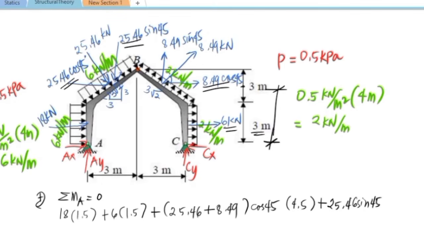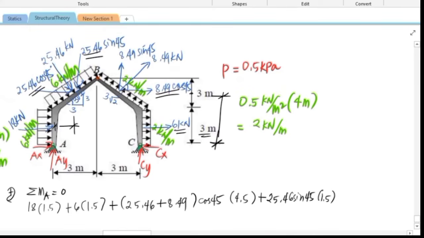Ang perpendicular distance niya ay ito, that is just half of 3 meters, so that is 1.5 meter. And this component will create a counterclockwise rotation, so minus 8.49 sine of 45 multiplied by the perpendicular distance.